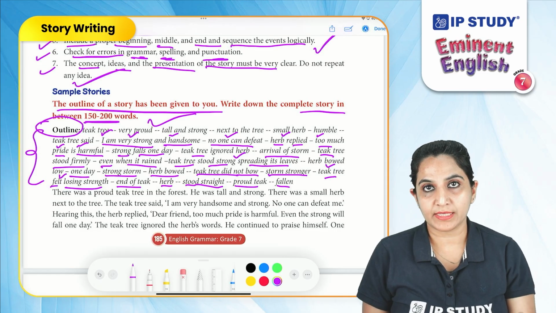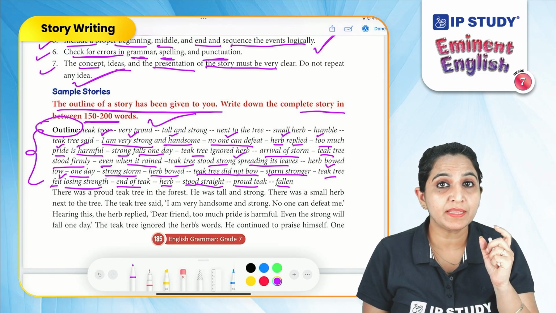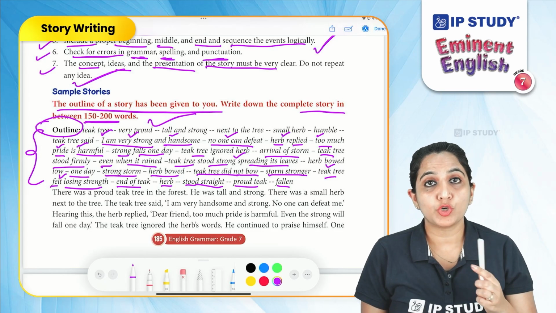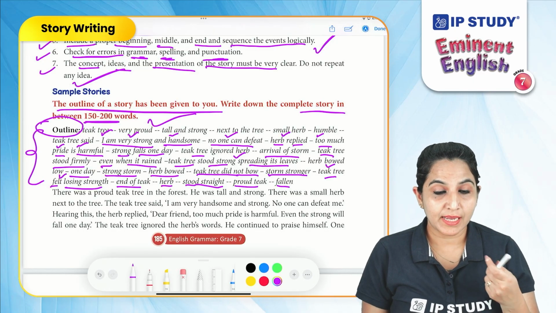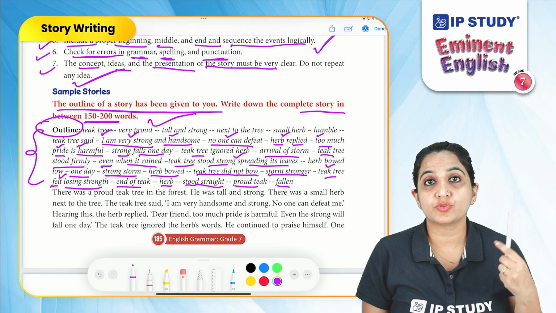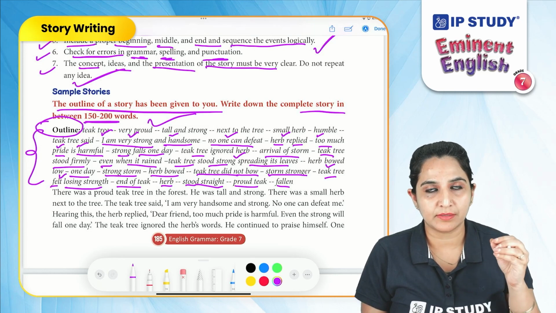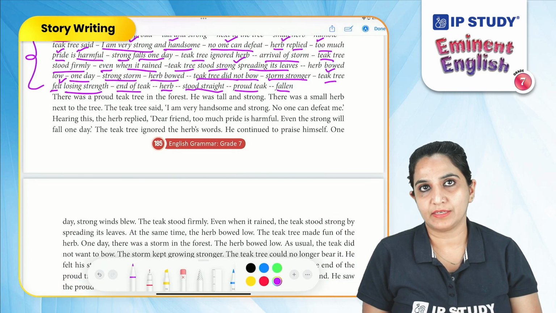Now this is the outline of the story. Reading these outlines, we can infer what would be the main idea of the story. That this is about pride. Too much pride is not good. So a teak tree is very proud that he is tall and strong, and he belittles the herb. Based on this, the story has been drafted.